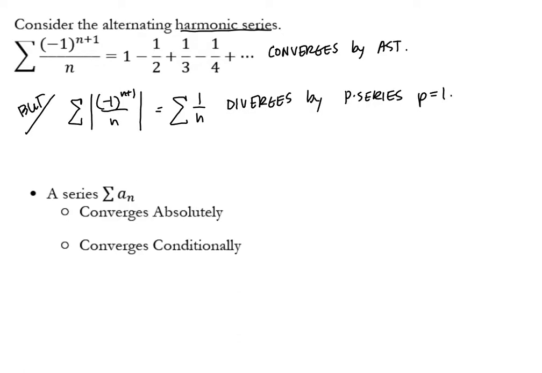So we have a series that converges only when the terms are alternating. That's an example of what we call conditionally convergent. We spoke a little bit about absolute convergence in the previous sections. A series converges absolutely if the series of absolute values converges.